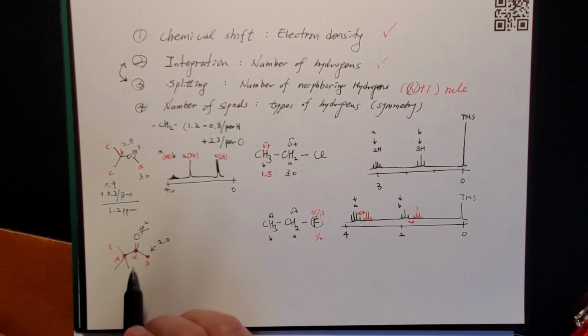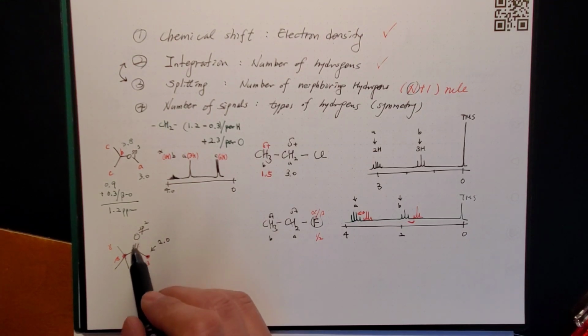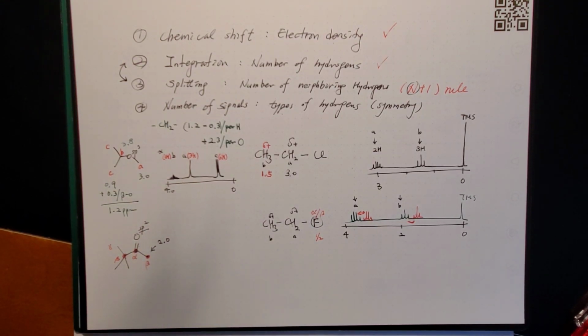So the anisotropic effect is making this hydrogen feel more local magnetic field. So the energy gap between alpha and beta spin increases. So that pushes it up to 2 point something, close to 2.0. It almost never is lower than 2.0. Okay, that's because of the double bonded oxygen.